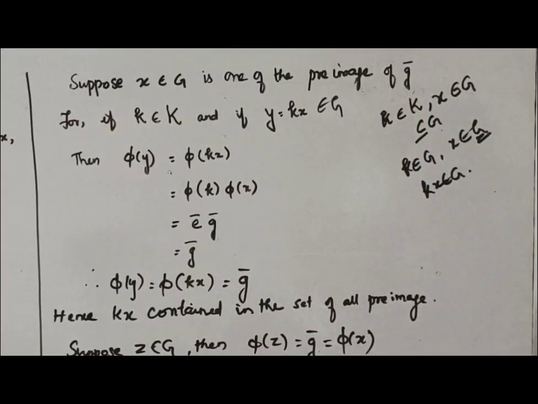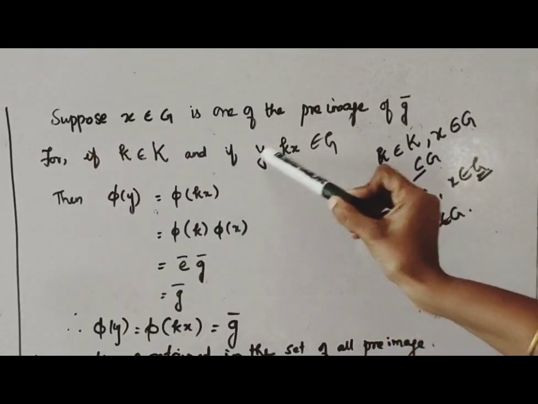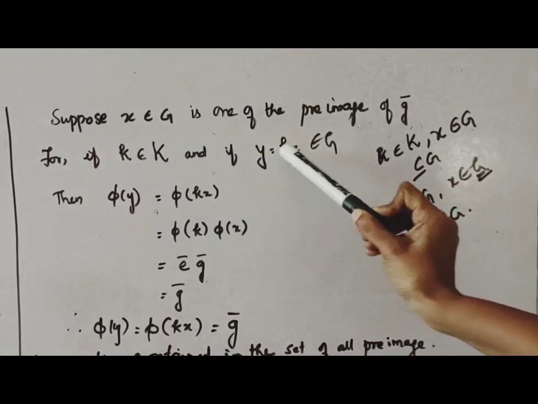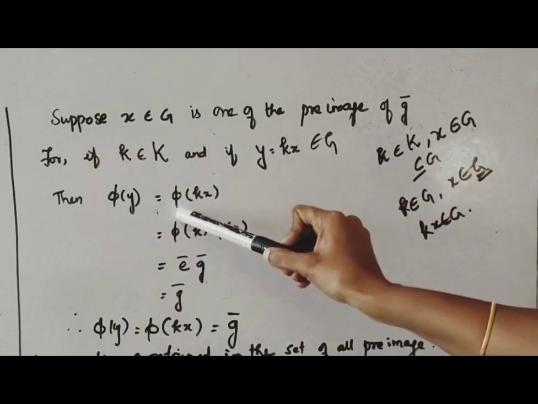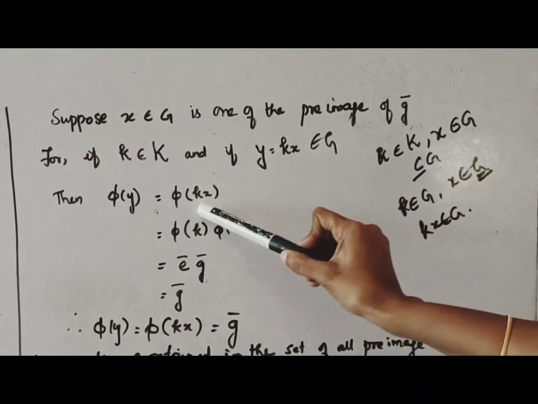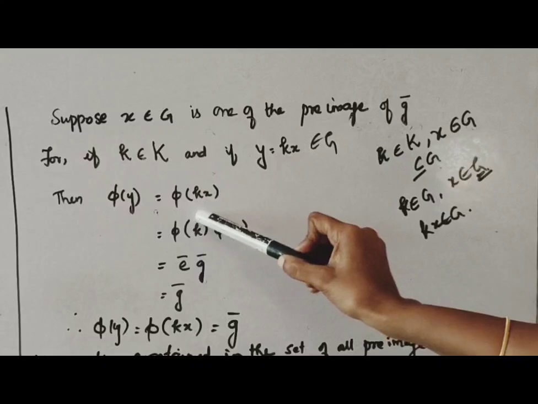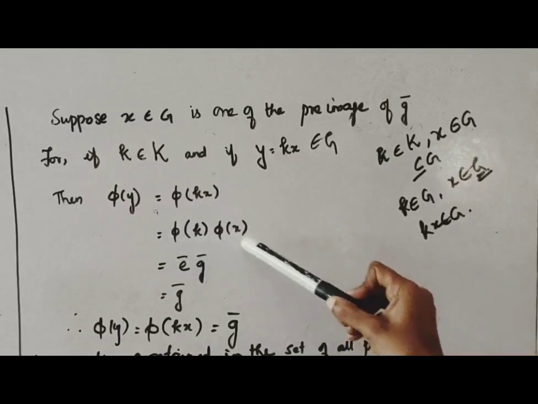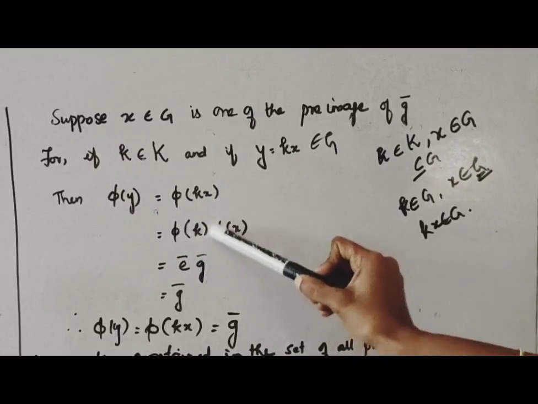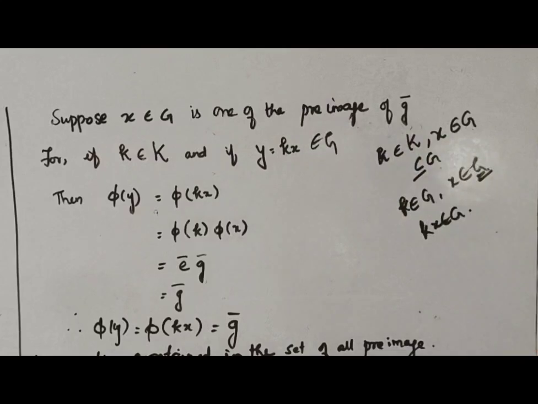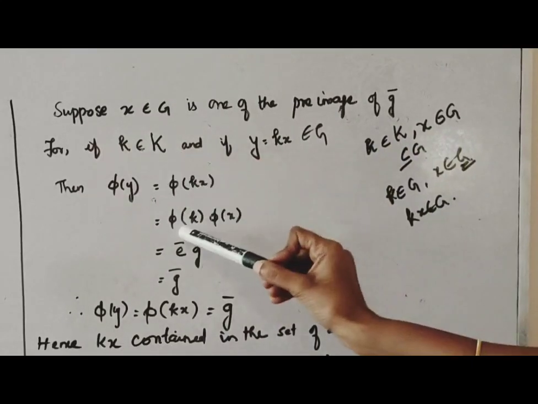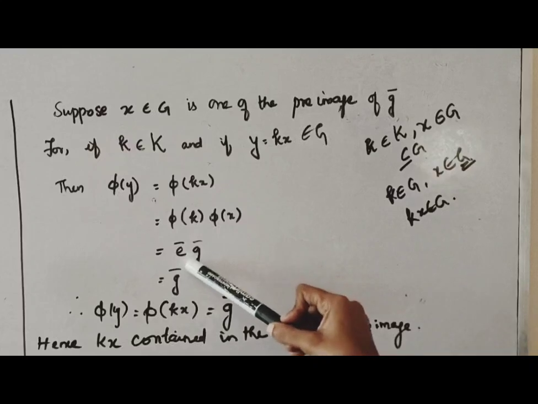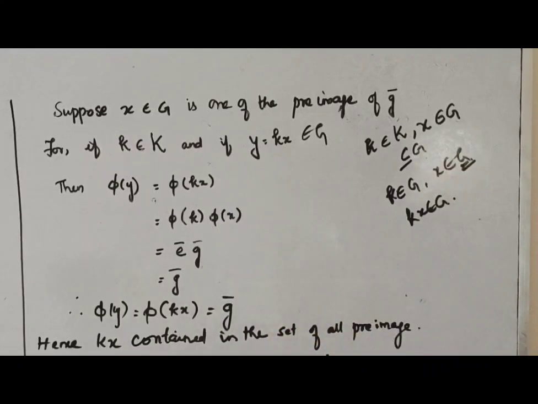Okay. Now, taking phi on both sides, phi of y is equal to phi of kx. Since phi is a homomorphism, phi of kx can be written as phi of k into phi of x. Since k belongs to the kernel K, the value of phi of k is E bar, the identity element.